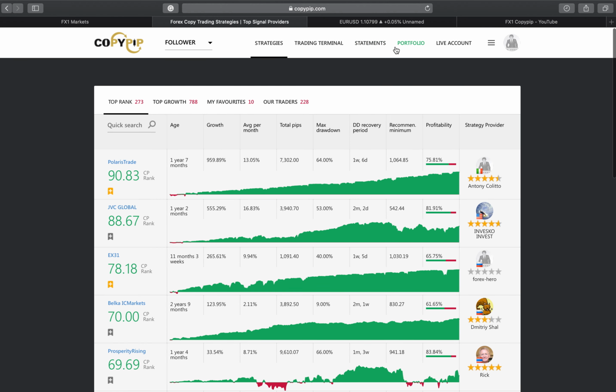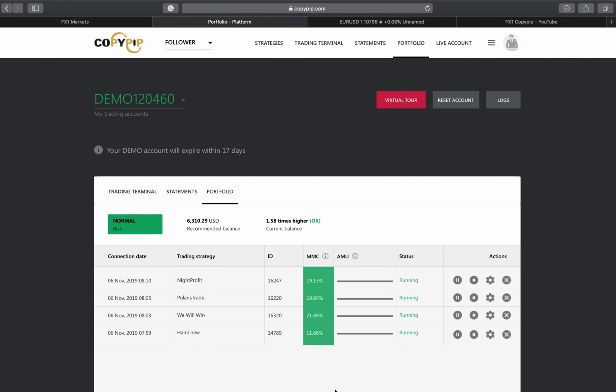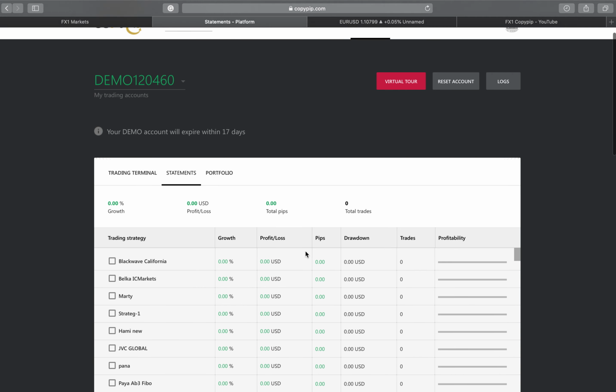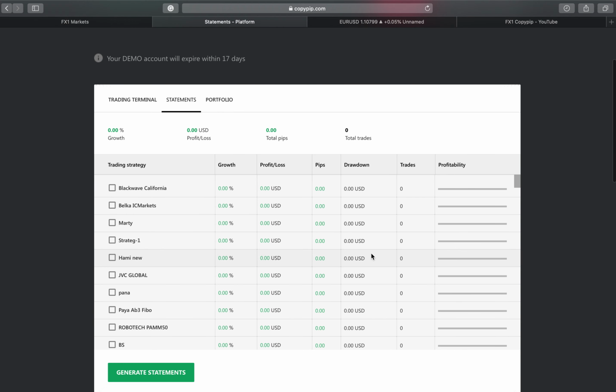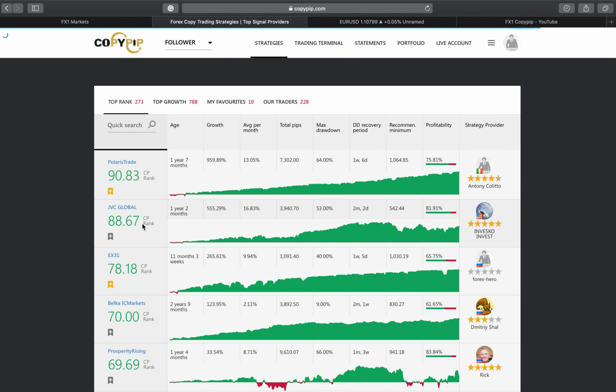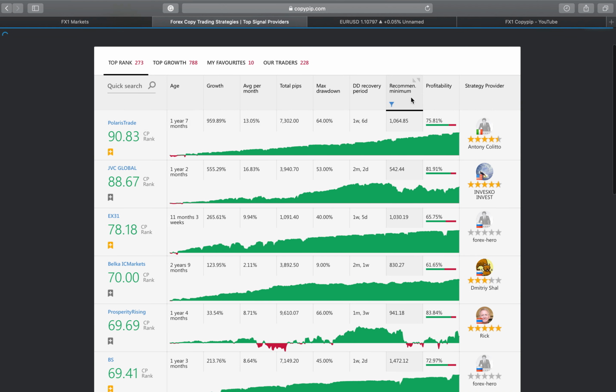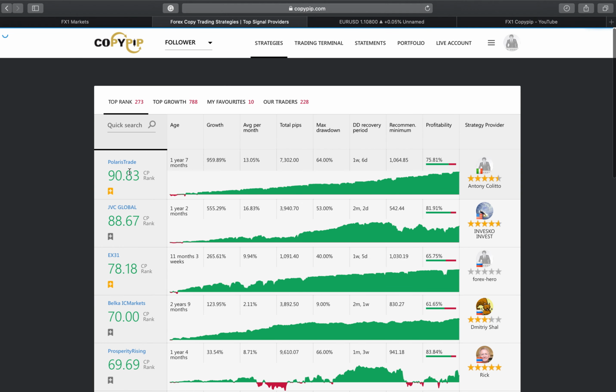Maybe you go to your portfolio and in the statement section you see the trader is not doing well and you want to exchange that trader with another. So as I showed in the previous video, you can find a trader based on your style and your risk level, and you can add them to your portfolio and keep your portfolio safe.